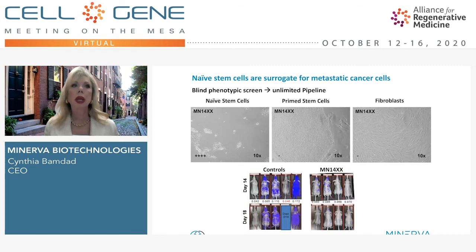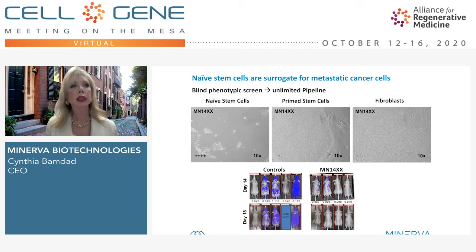Another thing in our pipeline is we have a small molecule that basically behaves very similarly. It prevents cancer metastasis. And this small molecule was identified in a screen that we developed where we said naive stem cells are a surrogate for metastatic cancers because they express MUC1 star receptor and they secrete NME7AB.